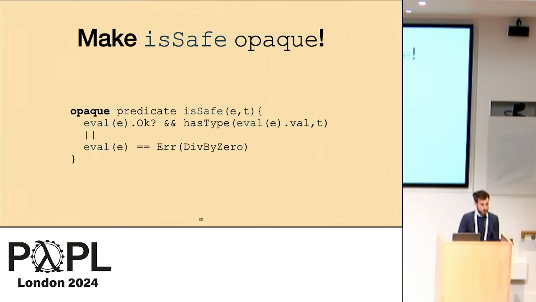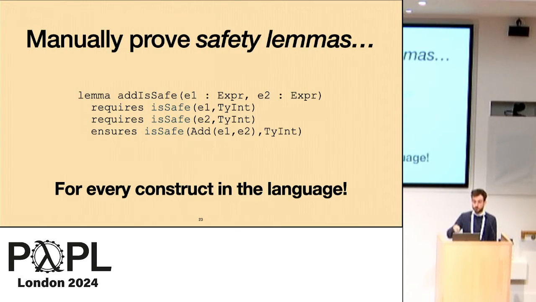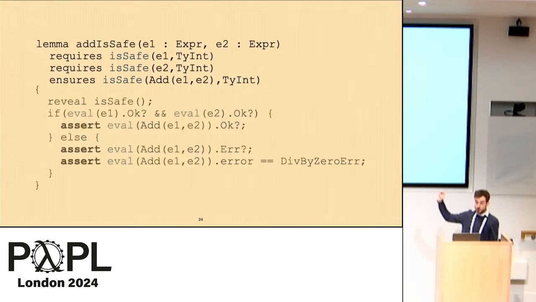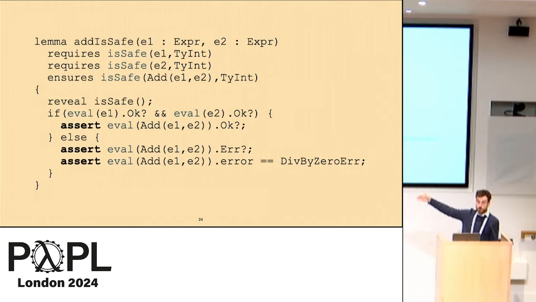And so this gives us the spark of inspiration that we can just make is safe, the conclusion of the theorem itself, opaque, and then manually prove these safety lemmas, saying that E1 being safe at int and E2 being safe at int jointly imply that add E1, E2 are safe at int, for all of the constructs in the language. And this proof basically follows the structure that I said before, right? Either they both successfully evaluate, or one of them errors, and so the whole thing errors.